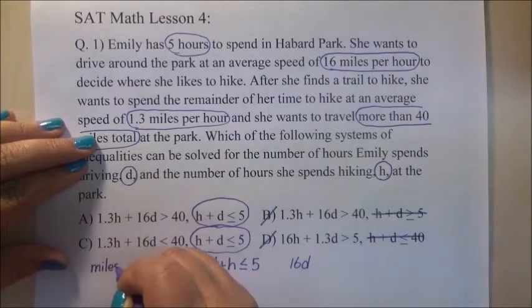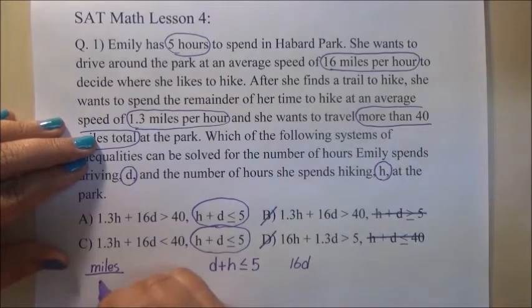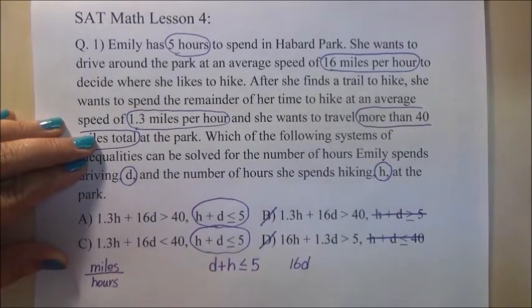Miles per hour is miles divided by hours. So miles per hour is miles divided by hours.